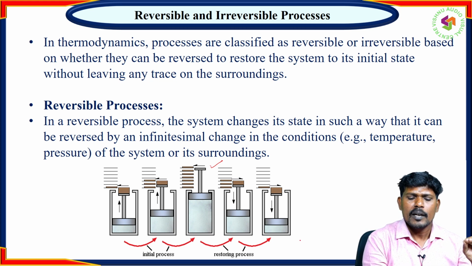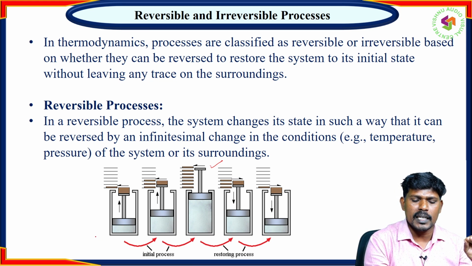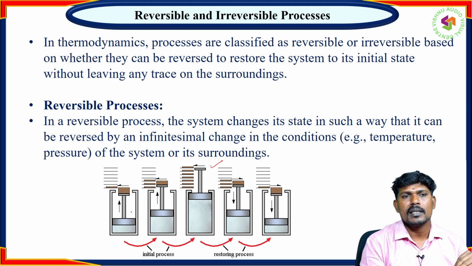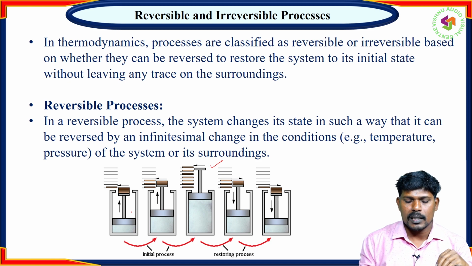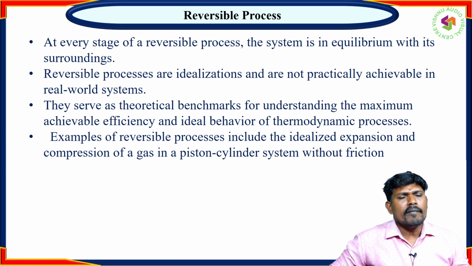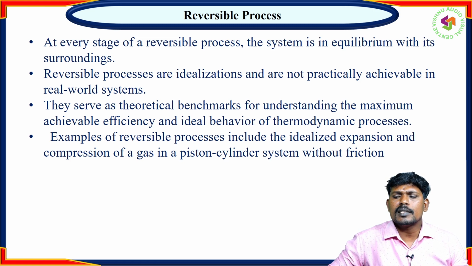For example, in this process, in the initial condition you start removing the loads, but after some time you start applying the loads again, and if it comes back to the initial condition, then you can say this is a reversible process. At every stage of a reversible process, the system is in equilibrium with its surroundings.